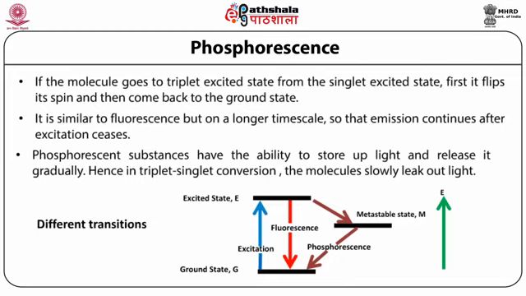The working principle of phosphorescence. In some materials, there exists an intermediate energy state between the ground and the excited states, referred to as a metastable state or electron trap.